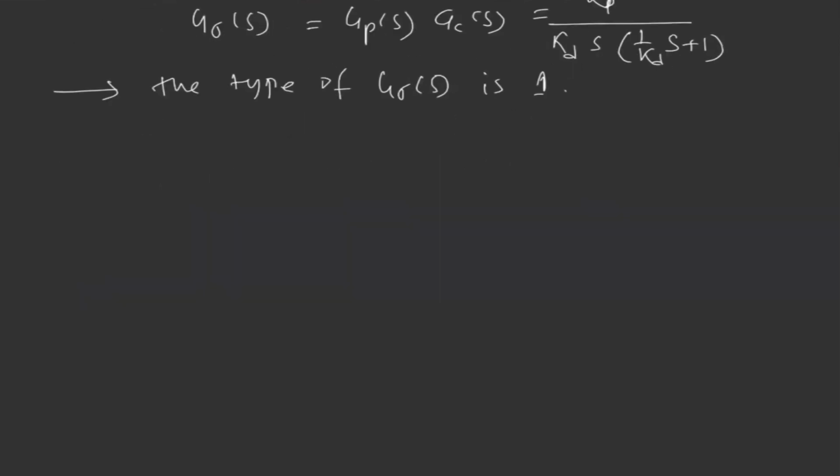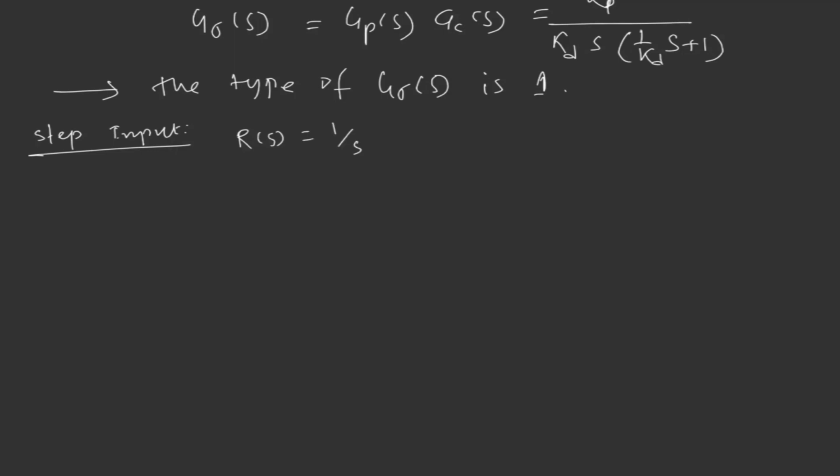And now let's look at how the system is going to respond to the different reference inputs. First, let's try with the step input, R of s equal to 1 upon s.